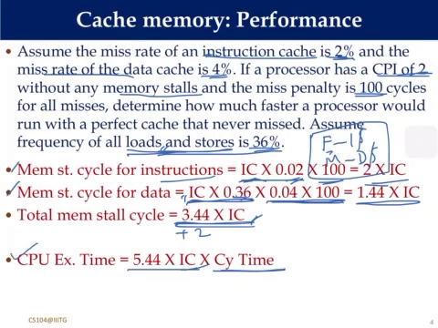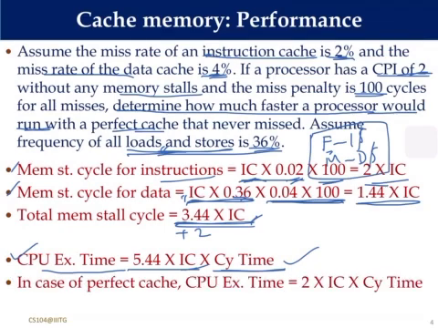Now you are supposed to find, what is the question? Determine how much faster a processor would run with a perfect cache. So this is a normal cache with the given parameters, and this is the CPU time.